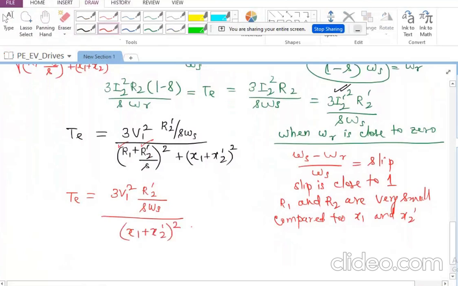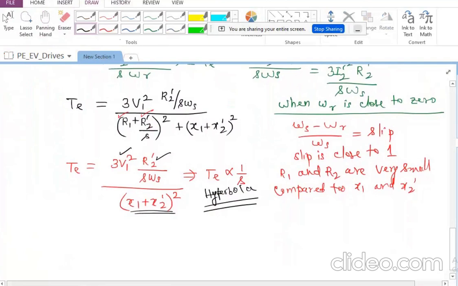In that case, I can say TE is proportional to 1 by S, if I assume that V1 is fairly constant, R2 dash is fairly constant, and X1 and X2 dash are also constant values. So in this particular case, the electromagnetic torque with respect to slip is going to follow a hyperbola kind of configuration.